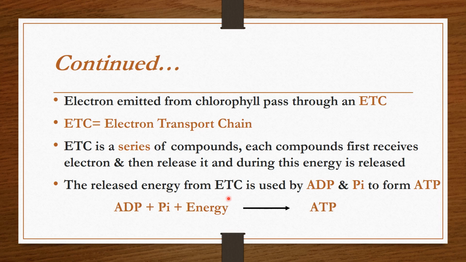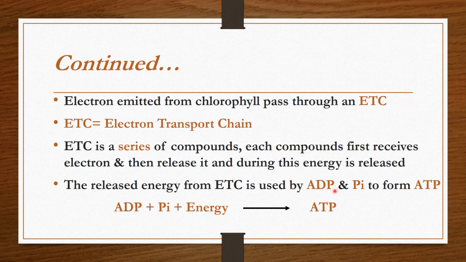The energy released from the ETC is used by ADP and organic phosphate to form ATP. During the electron transport chain, when the electron is carried on, energy is released, and that energy is used by ADP, adenosine diphosphate.